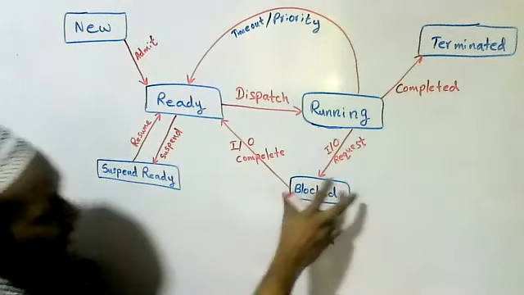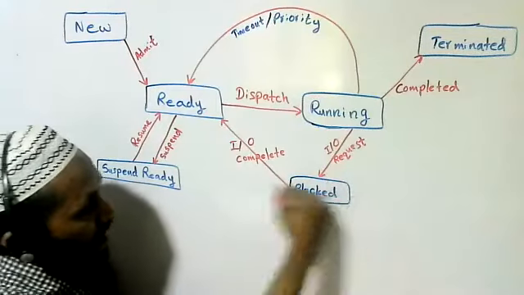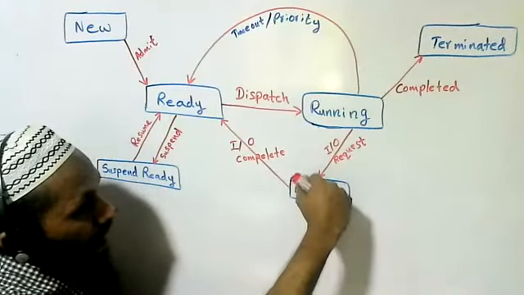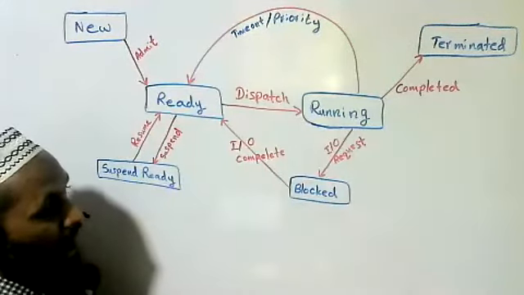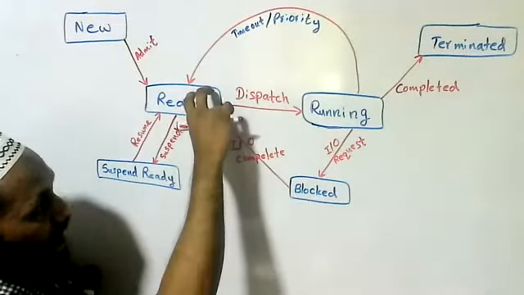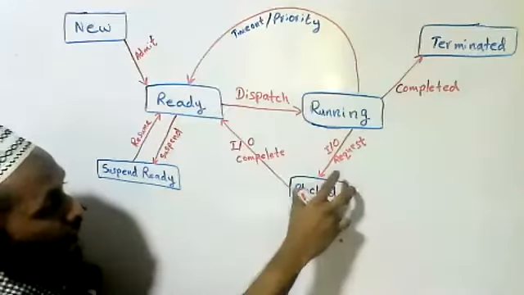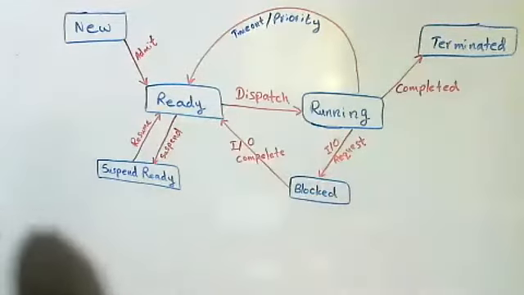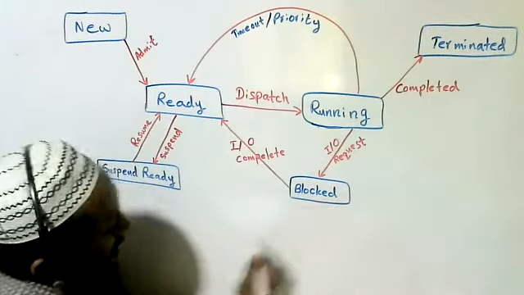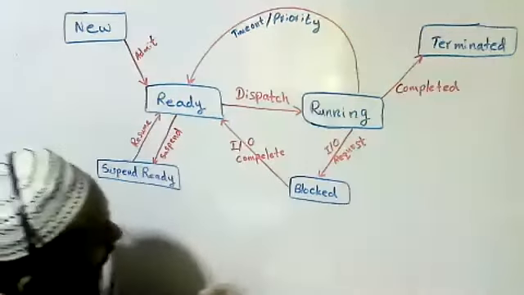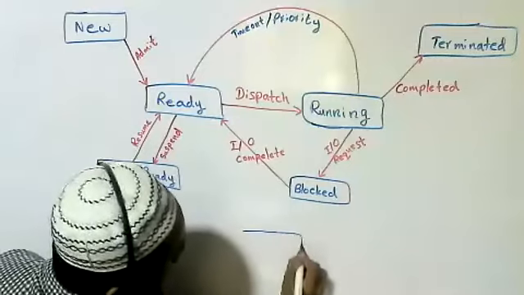But here, blocked state processes also reside in main memory. The storage capacity of main memory is limited. So if there's not enough space in main memory, the processes in blocked state may move to suspend blocked state.